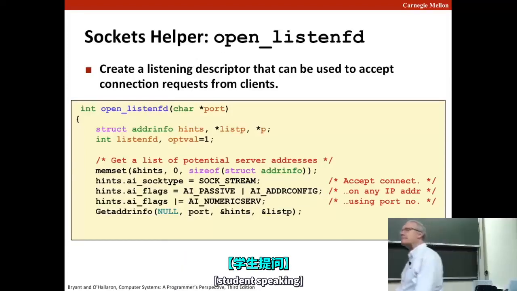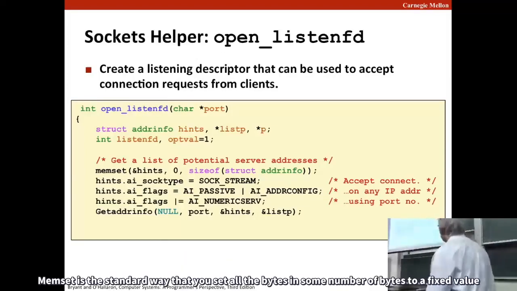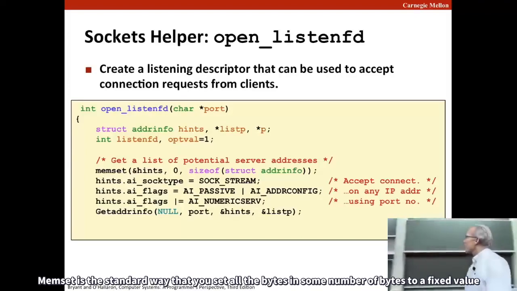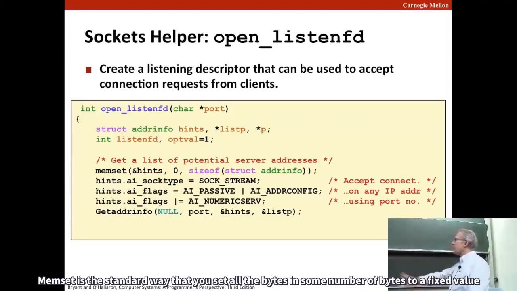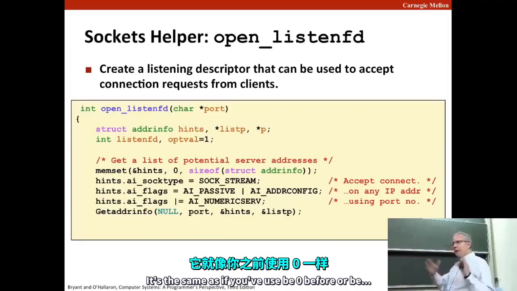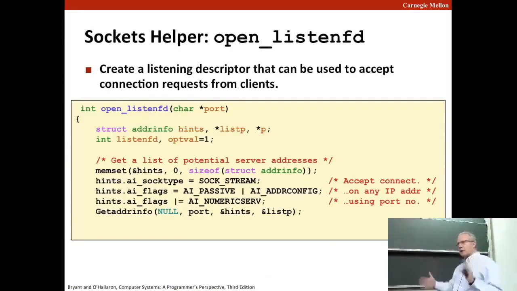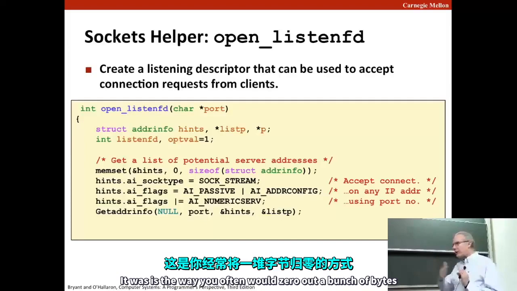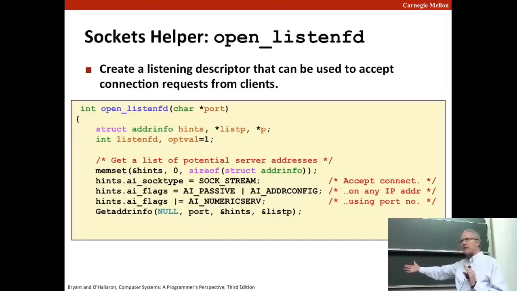Yes? What exactly does memset do? Memset is the standard way that you set all the bytes in some number of bytes to a fixed value. It's the same as if you've used bzero before, which is the way you often would zero out a bunch of bytes.